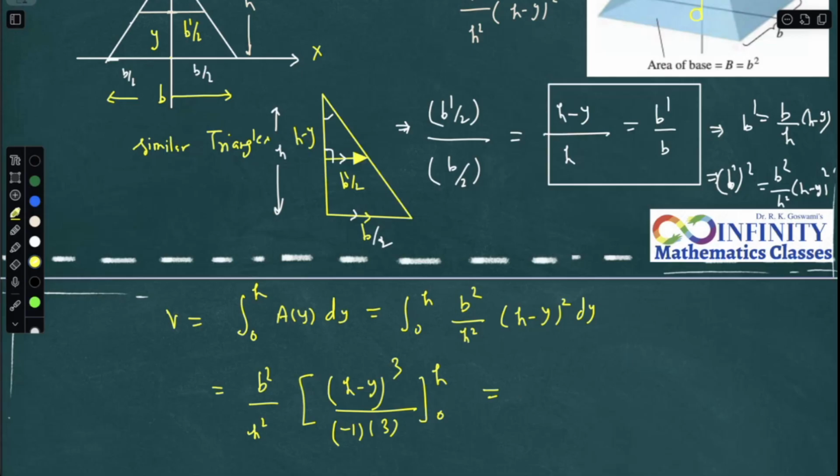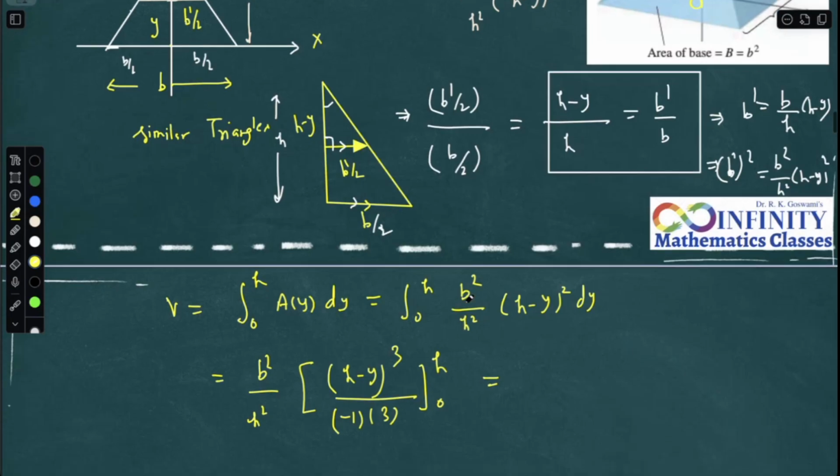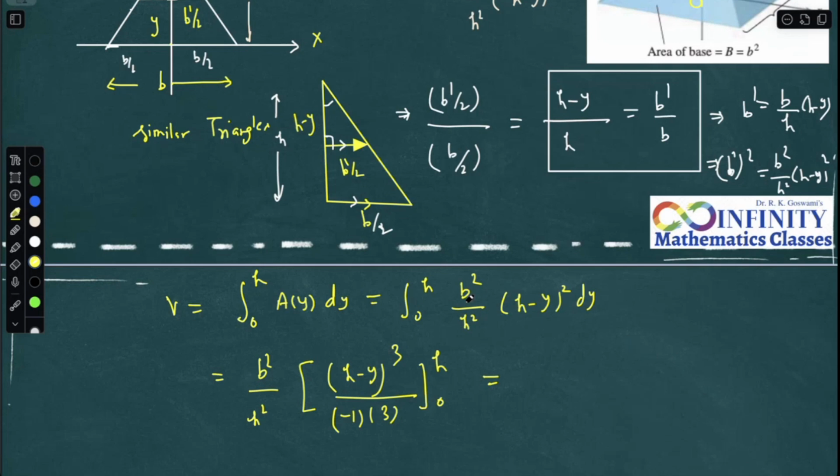So that would be negative h cubed times b squared over h squared times 3. Sorry, what is the final answer? So it would be b squared over h squared times negative h cubed over 3.